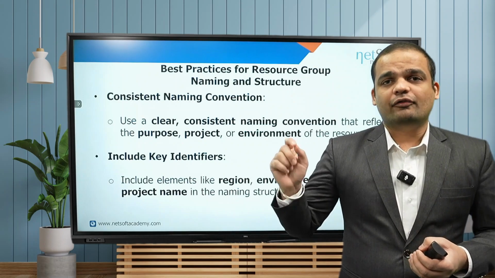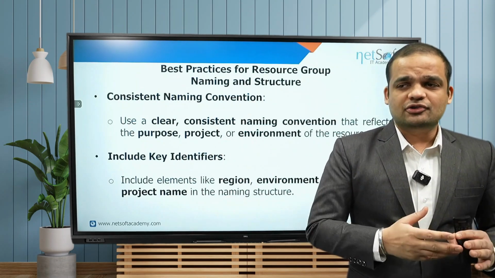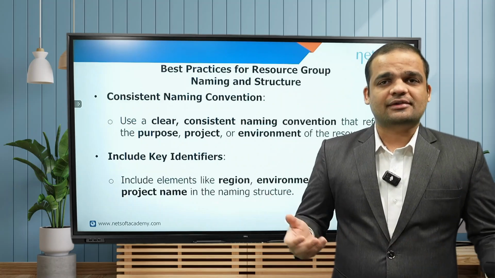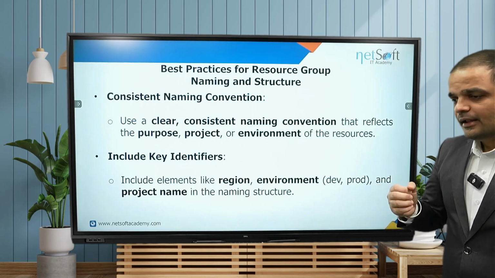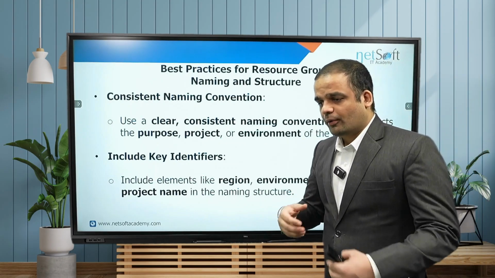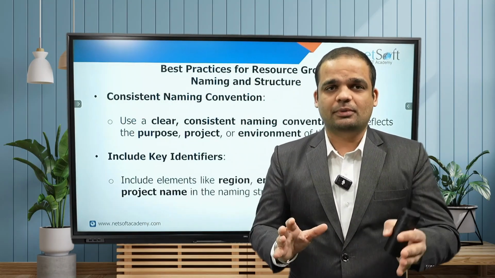Then you can put West US, and then you can put app. So the whole name can be RG production West US application. That also helps to tell you that this is a resource group for production in Western US, and there's an application inside it. Some logic should be there.